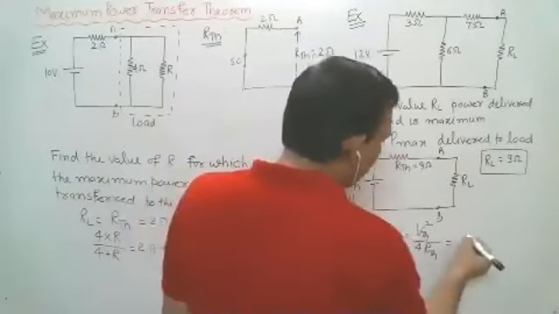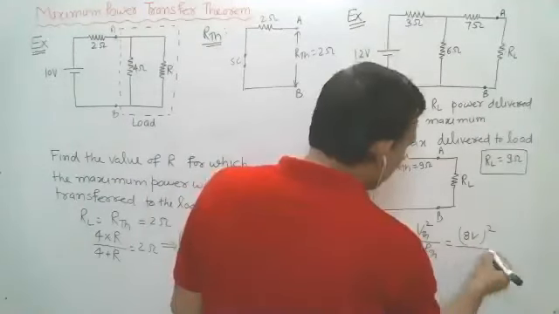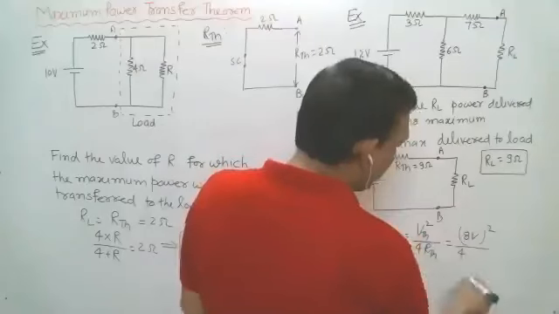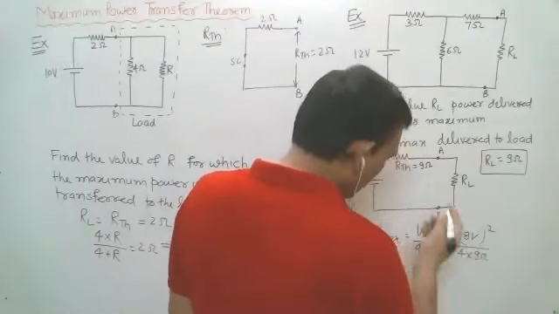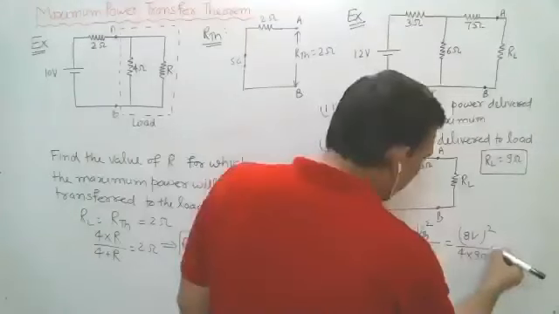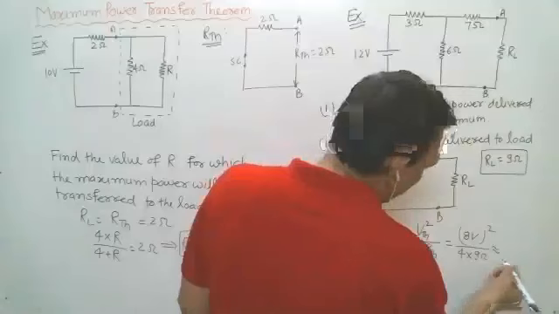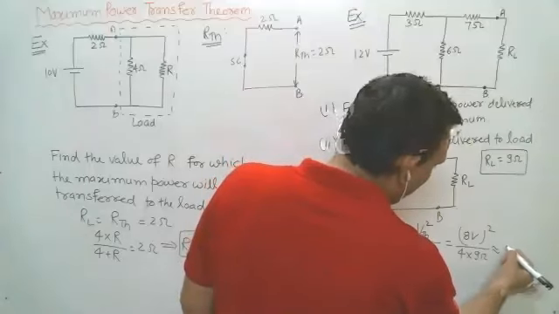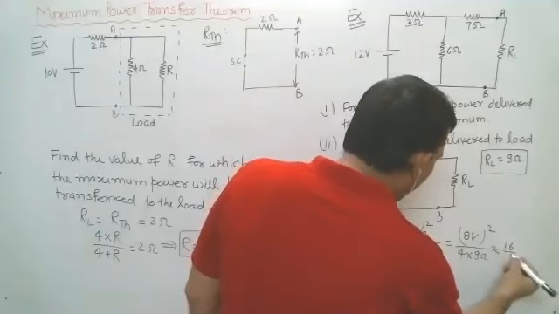So this will be 8 volt square by 4 into 9 ohm. So calculate this value. 16 by 9 watt.